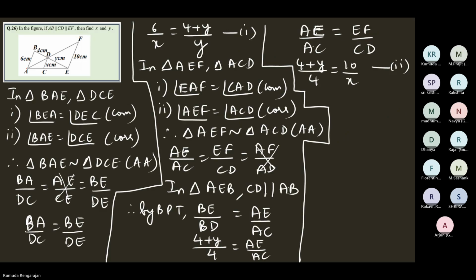Okay. So here, children, we will add 1 and 2 because on adding, you will get the common denominator 4 plus y, and the numerator also is 4 plus y.